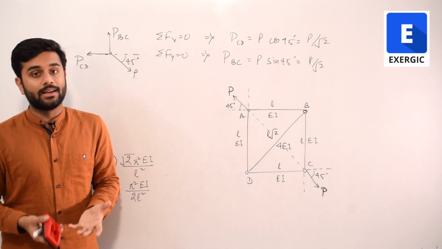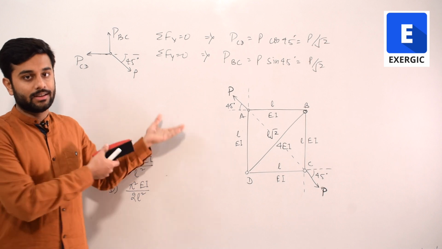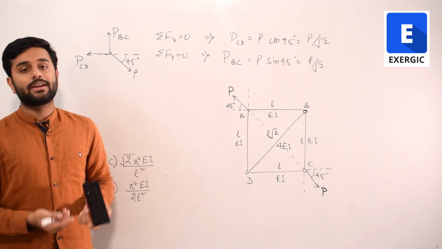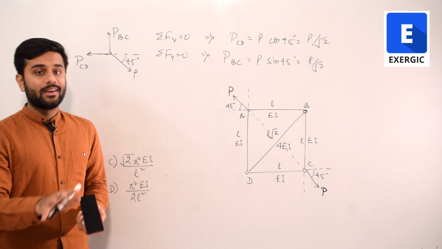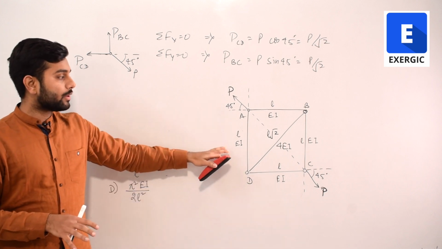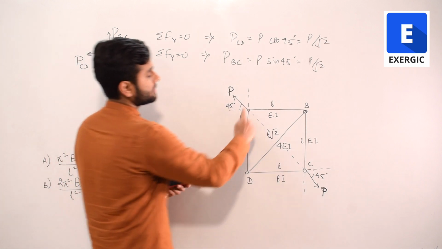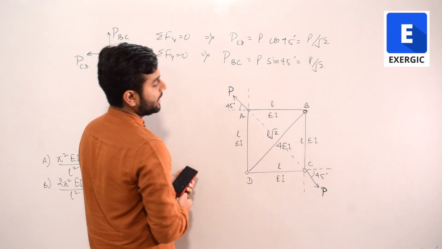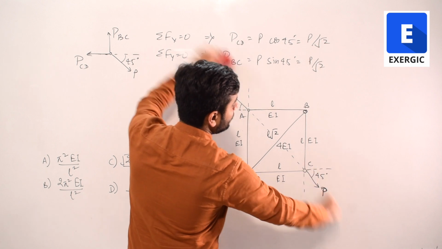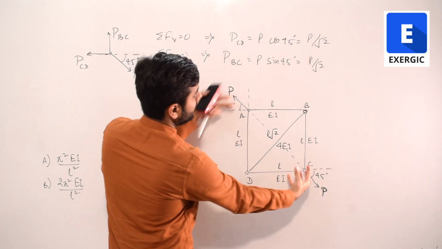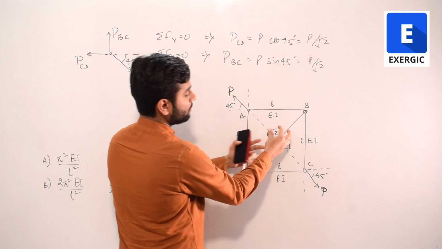We have not verified it yet. We are going to verify that in the next step. But that is what we can easily conclude. And if you look at this question, if you try to feel the question, then also you will understand this. This is how this square is, and you are pulling it like this. So what will happen? AC will try to go far and BD will try to come close, right?